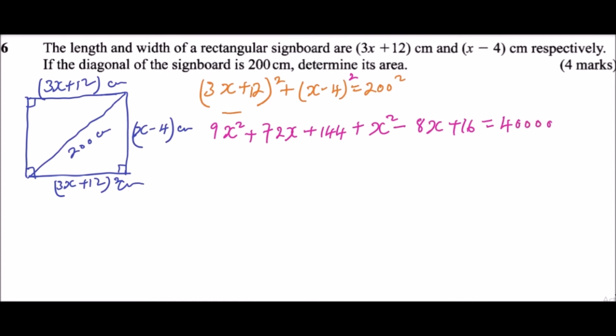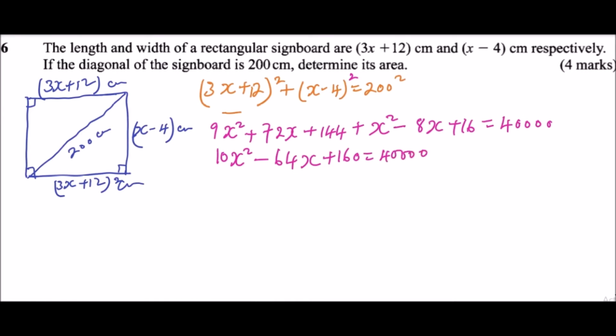So 9x squared plus x squared gives you 10x squared. Then 72x minus 8x gives you 64x, plus 160 is equal to 40,000.